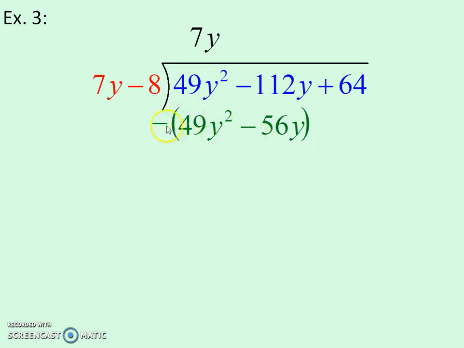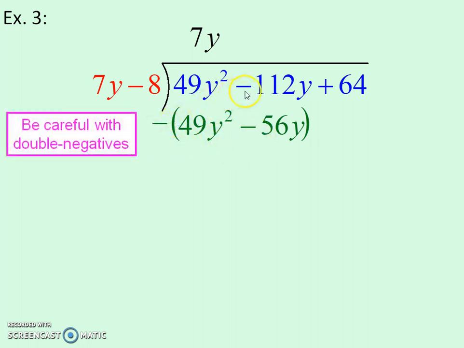And here, I end up distributing the negative. So I'm going to do negative 112y minus negative 56y. It's like plus 56y. So it's negative 112 plus 56y.